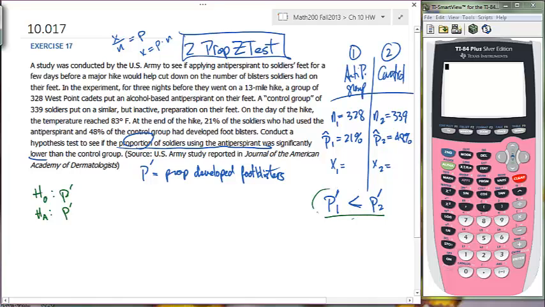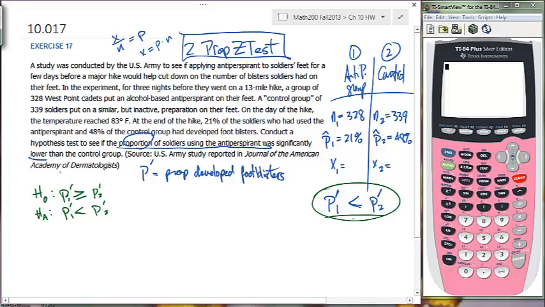And so this is a statement of our claim which has no condition of equality. So that would fall under the alternative hypothesis. So P1 less than P2, and then our null hypothesis would be the logical opposite, which will have a condition of equality. So P1 is bigger than or equal to P2.